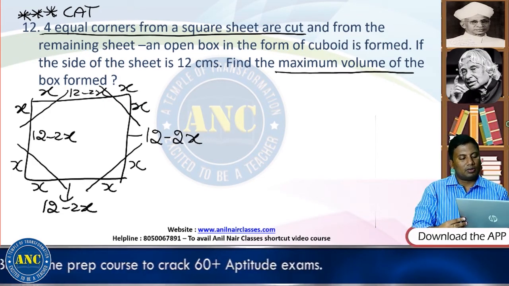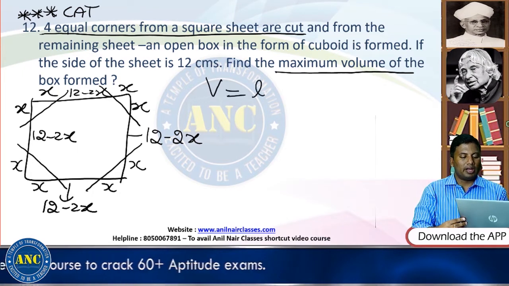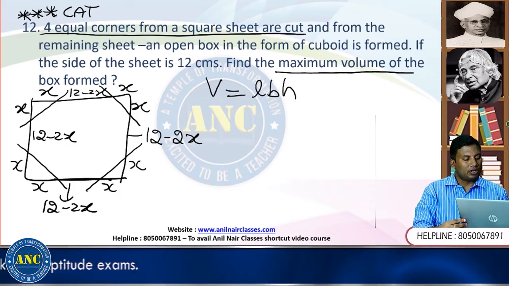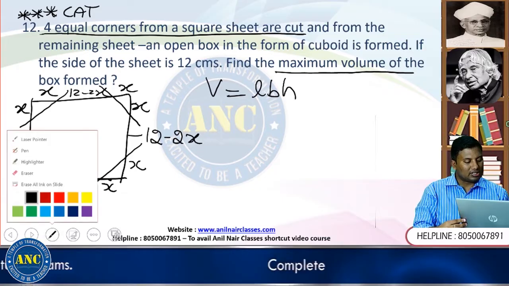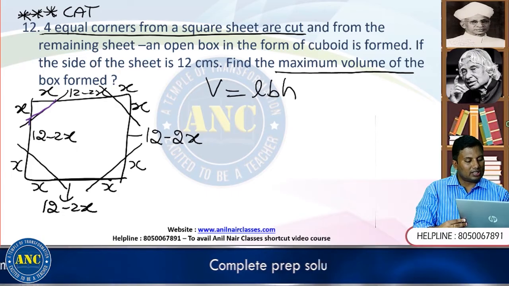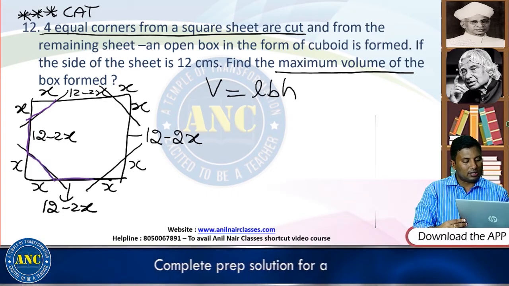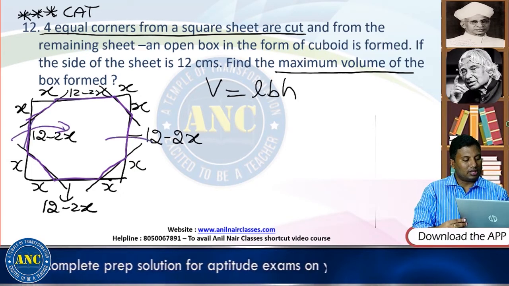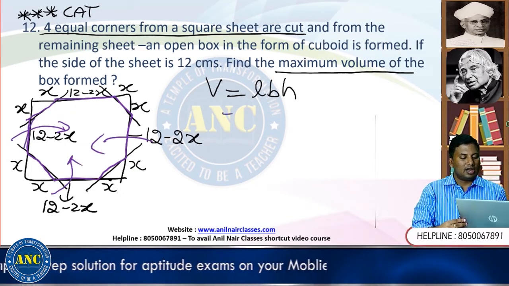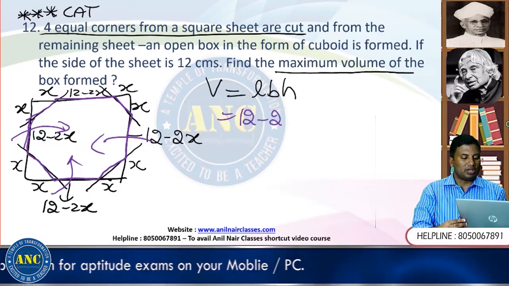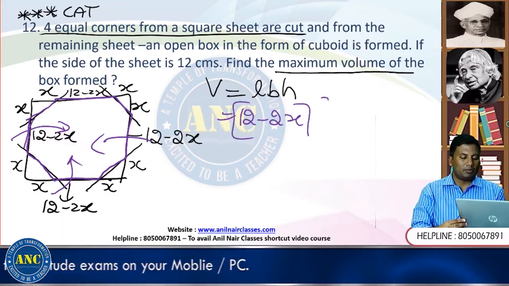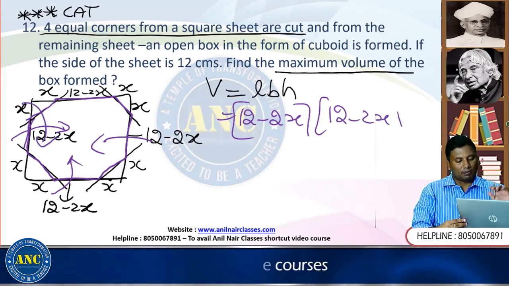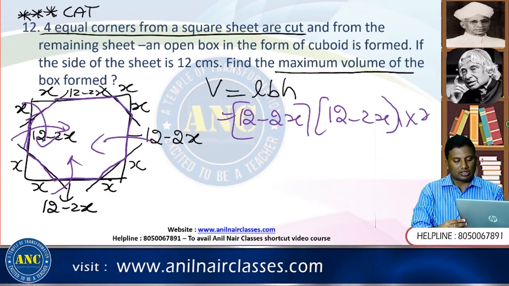Maximum volume of the box. Volume of a cuboid is length into breadth into height. If I cut it and fold it, length will become 12 minus 2x, breadth will become 12 minus 2x, and the height will come to the top, so this is x.